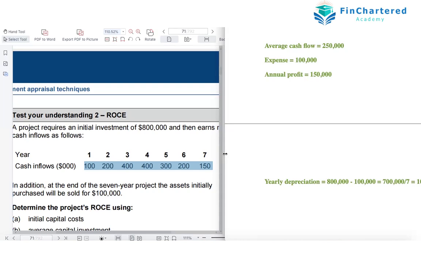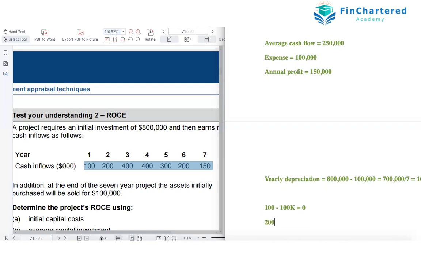No, no. So see, you're saying that first year my cash flow is 100,000. So I'll deduct 100,000 and I say first year there is no profit. Second year I have a cash flow of 200,000. So I deduct my depreciation of 100,000 and I say I have a profit of 100,000. You're saying yes, sir.